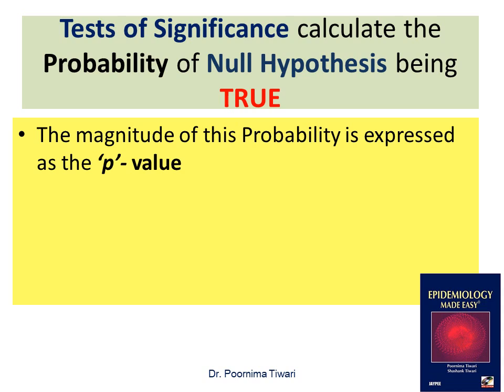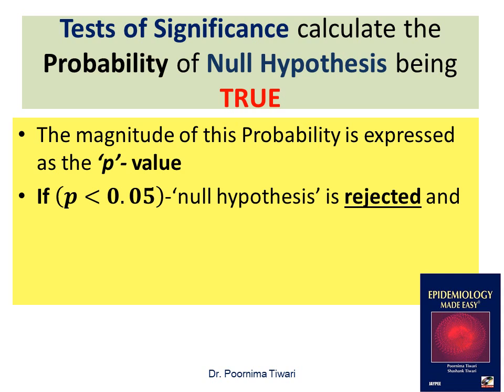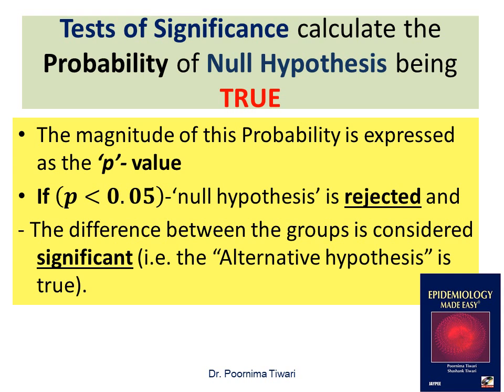So, if the p-value is less than 0.05, it means the probability of the null hypothesis being true is less than 0.05. Because the probability is so low, the null hypothesis is rejected, and the difference between the two groups is considered to be significant. That is, there may be some reason for this difference and the difference is real. In other words, the alternative hypothesis is accepted. That is, the difference is real.